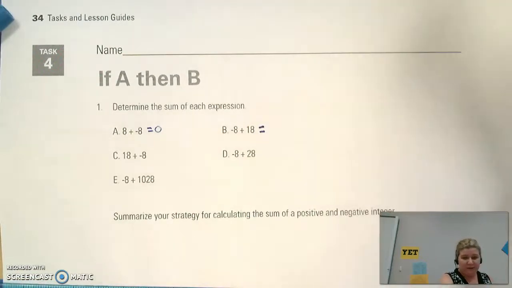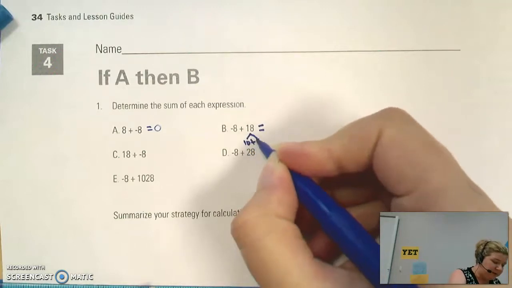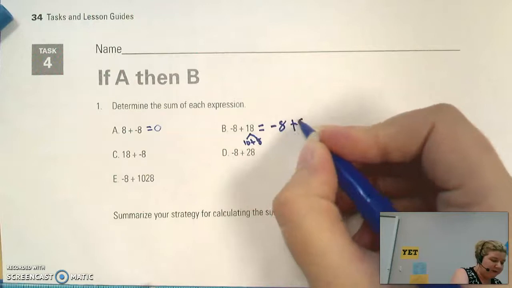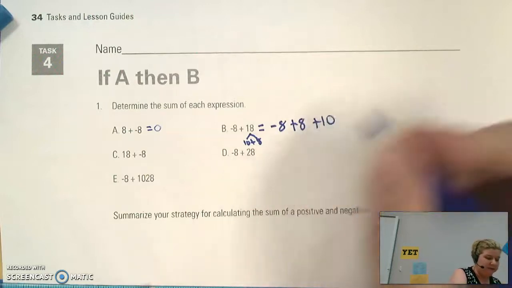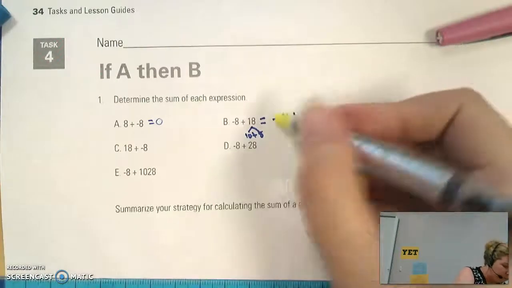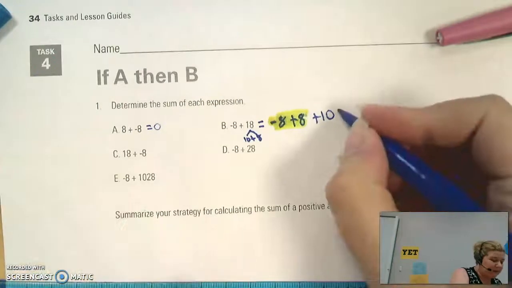How many 0 pairs am I going to have? How much is this going to overlap? So in my head, what I'm doing is I am separating this into 10 plus 8. Because if I have negative 8 plus 8, and then add the 10, this part right here is 0. And I can see right away that my answer is 10.